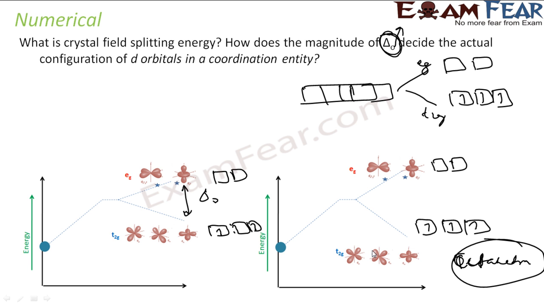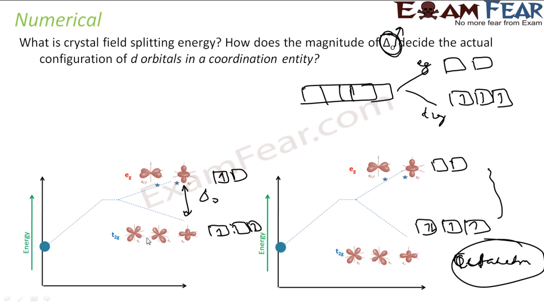Now the 4th electron is a tie. It may come here or it may pair. Now in this case, the energy difference is not that much, so the 4th electron will come here. But in this case, the energy difference is more, so the electron will pair. And that is the difference. So the difference in energy decides the actual configuration of d orbital.